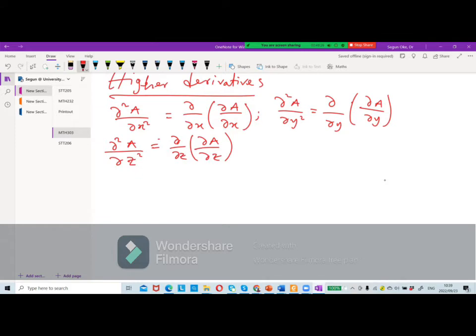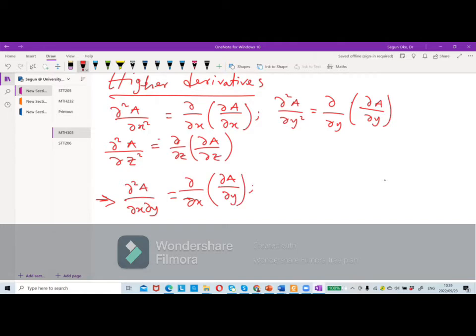But what about when I have this type of equation, when I have d squared A by dx dy? How do I go about it? Order does not matter, like I told you. What you need to do is just be careful. Look at this now: d/dx of dA/dy.